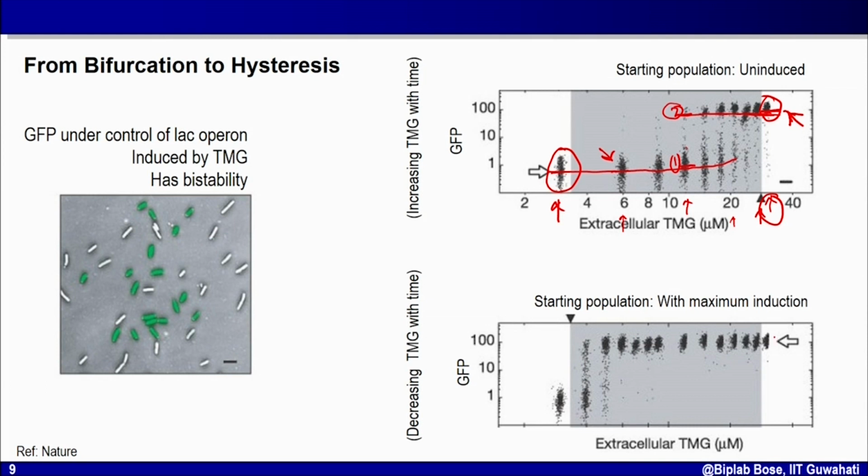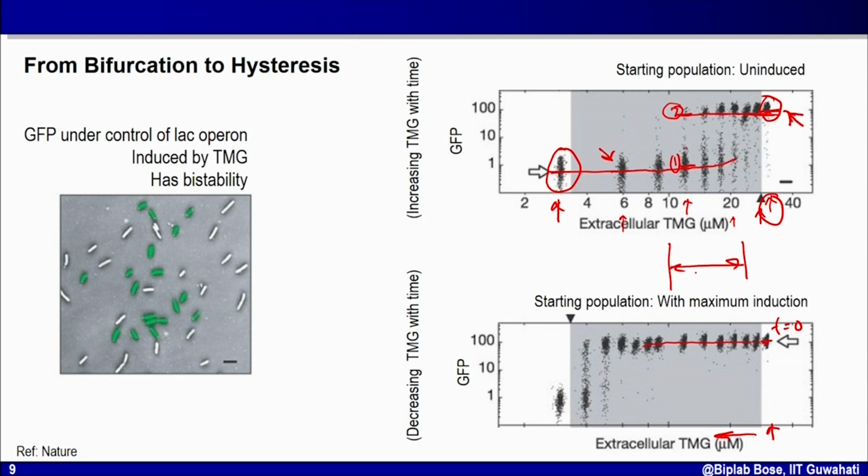So here you have the starting point t equal to 0, where cells are induced with high amount of TMG, around 30 micromolar. So they have high expression of GFP. As they decrease the amount of TMG, you can see the cells are still remaining at the higher value. They are not dropping to any lower steady state value of GFP, although they have reached this region where bistability is possible.